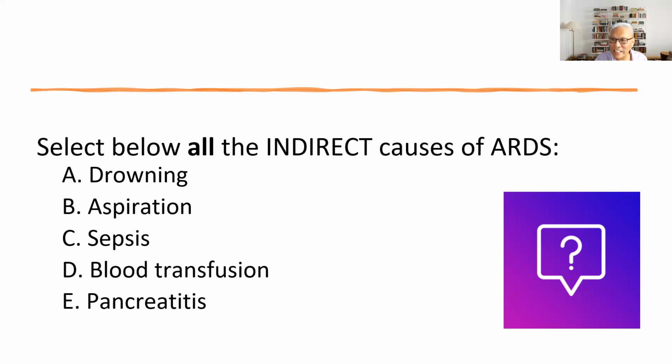So it's C, D, and E. Okay. So indirect causes are processes that cause inflammation outside of the lungs. So the issue arises somewhere else. Therefore, sepsis, the infection, is going to be either in the lungs directly or indirectly. Okay. All right.